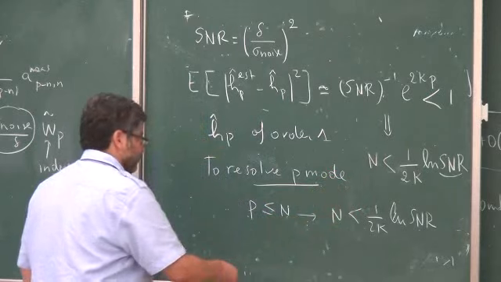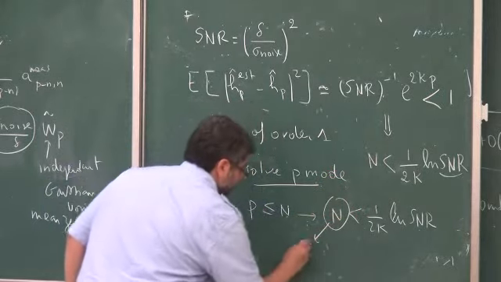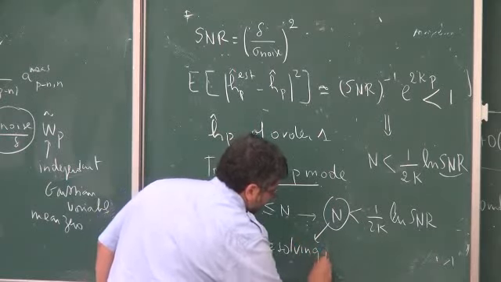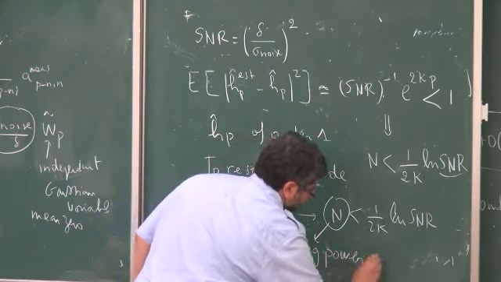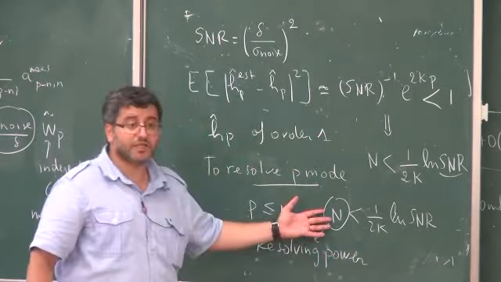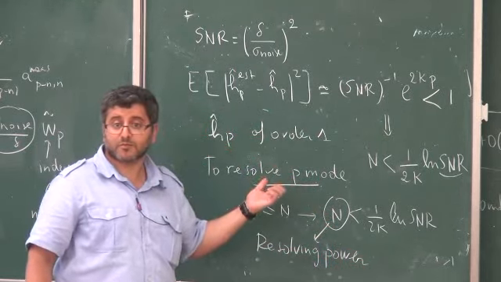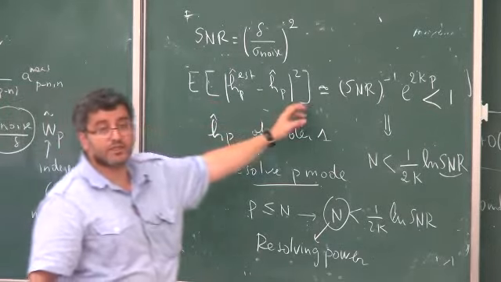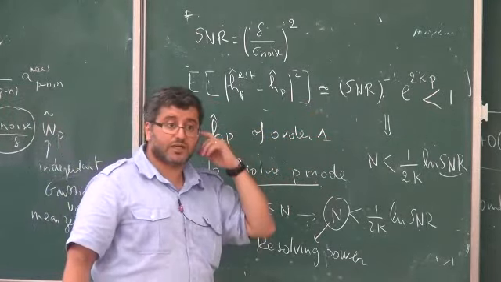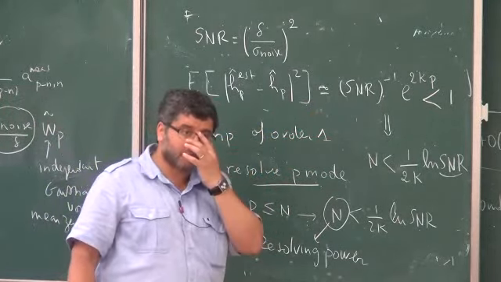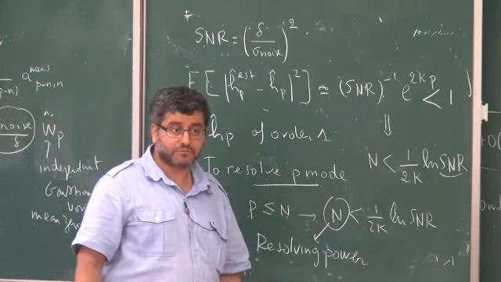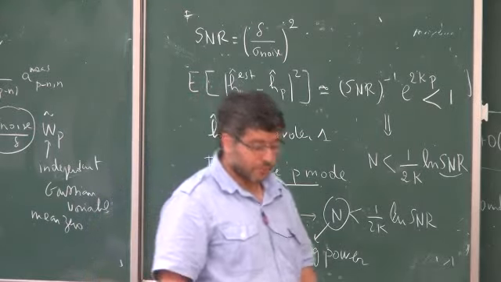This n is called the resolving power. You don't have enough resolving power to solve the problem. Whatever you are estimating is wrong, its variance is of the order of the value you are looking for. Good.